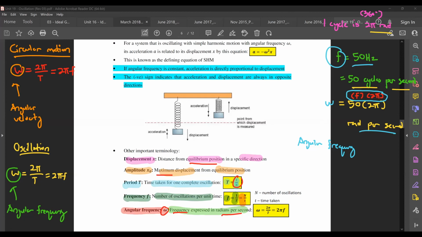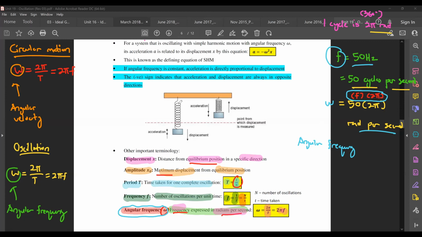That's why, when you're talking about angular frequency omega, it is really just frequency expressed in radians per second. And because frequency is 1 over T, you sub in for f and you get 2 pi over T. So this is what angular frequency actually is.